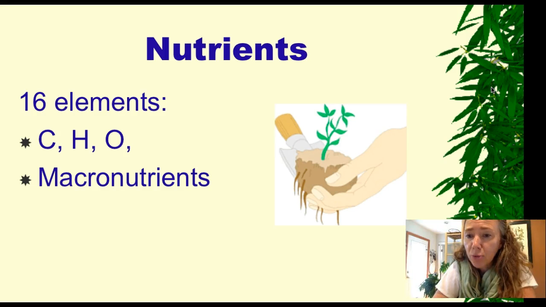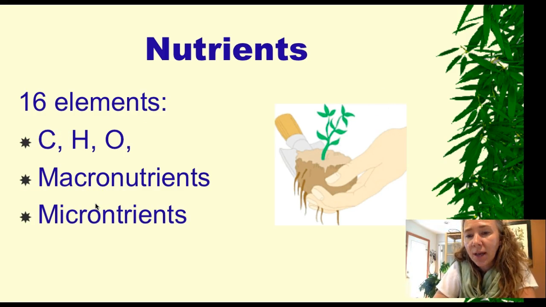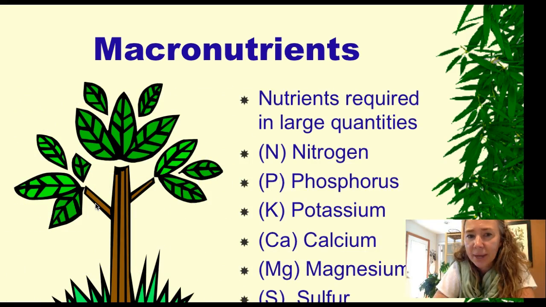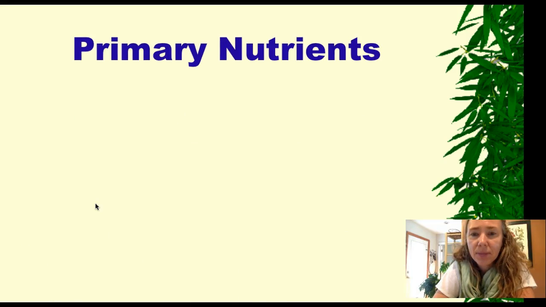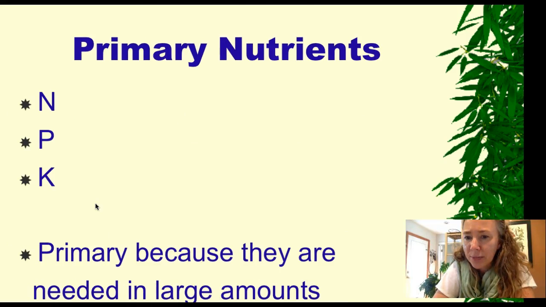In fact, 3 primary macronutrients and 3 secondary macronutrients that we consider macronutrients because plants need a lot of them. And there are also a lot of little amounts of elements, of nutrients, that plants need as well. So we're going to be learning about that this week. The ones that are required in large amounts are listed here. We'll be talking about those next, and they do different things for plants.